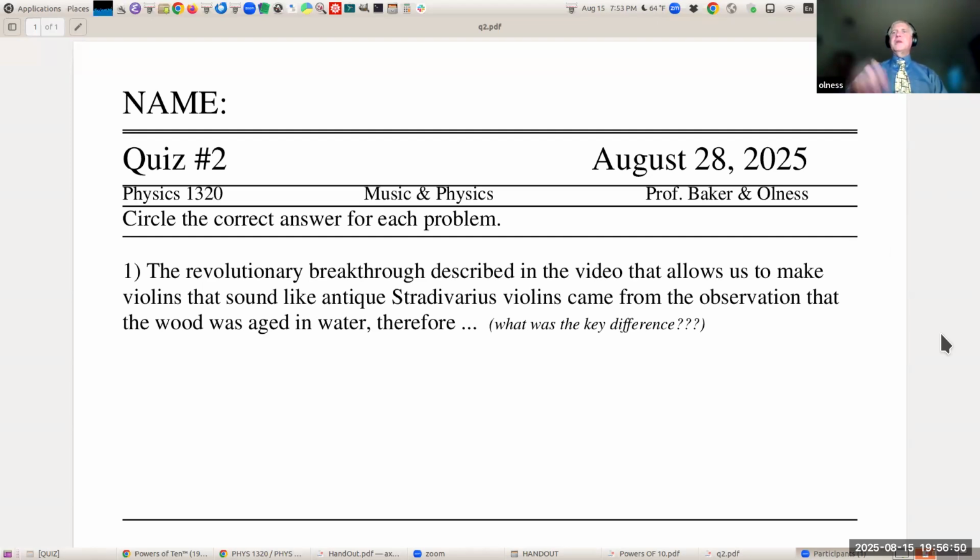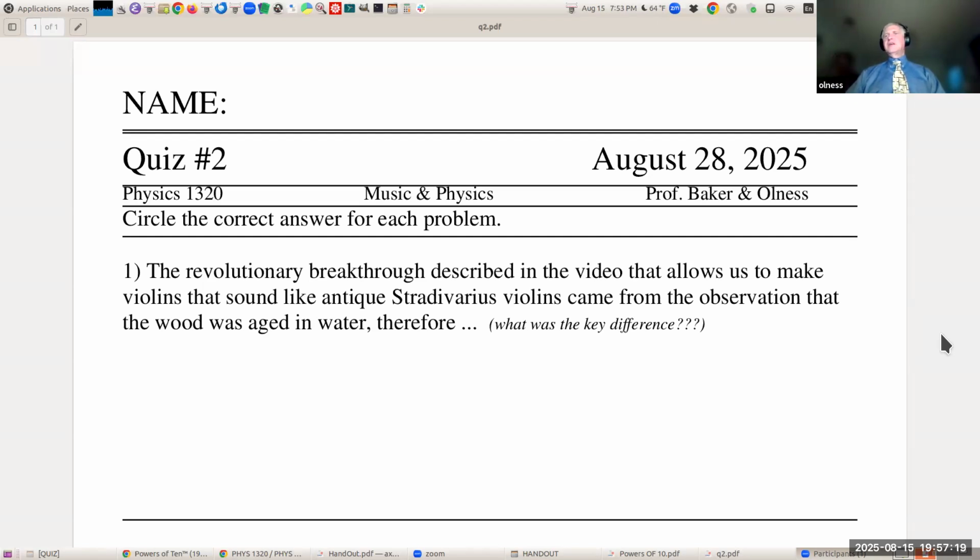In fact, you remember when he put the two samples of wood in water, the one that was aged in water, because the cell membranes were gone and didn't trap the air, sank in the water, and the other piece of wood floated. So you can imagine if you have the cell membranes, that's impeding the movement of air, which is what generates the sound waves, it's vibrations in air, and that makes a big difference. Apparently that's a key element.